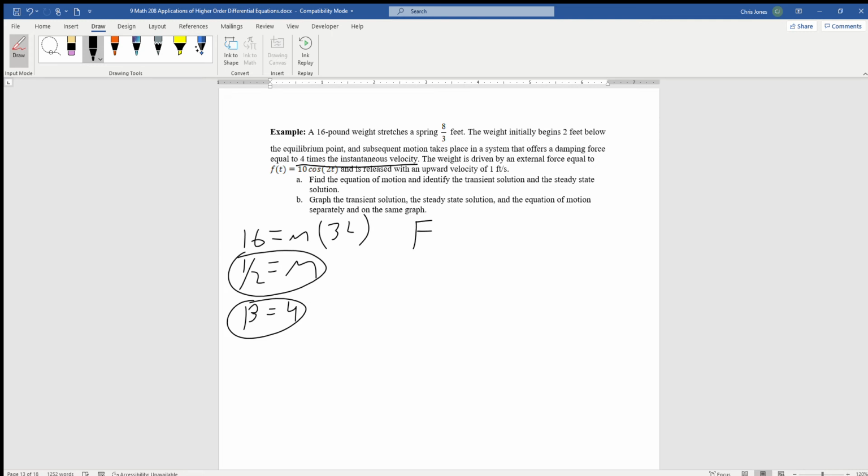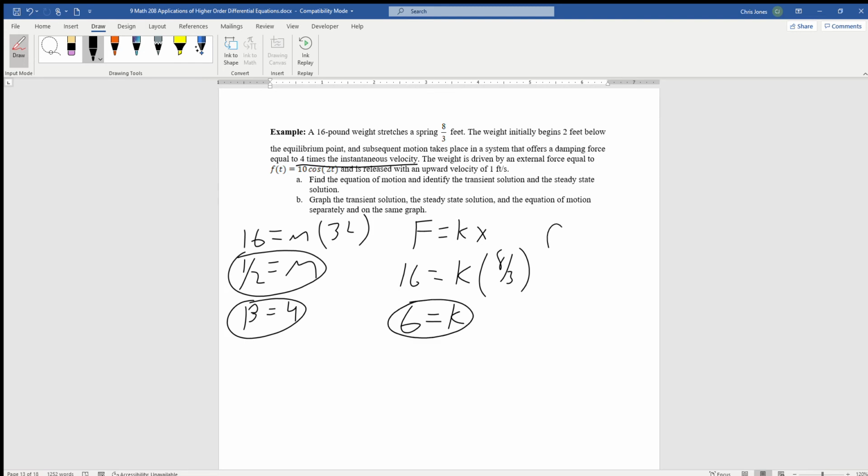F is equal to kx, so 16 equals k times 8/3, where x is the distance stretched beyond equilibrium. Then 3 times 16 is 48, and 48 over 8 is 6, so k is 6.